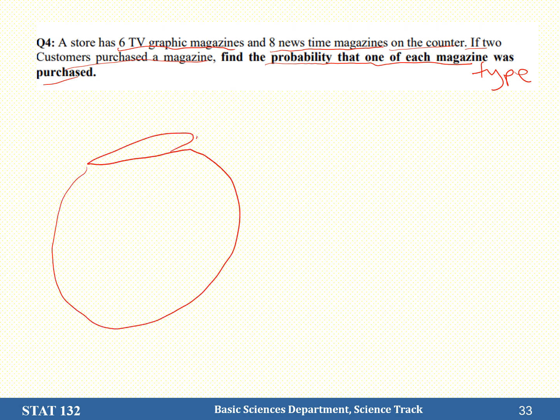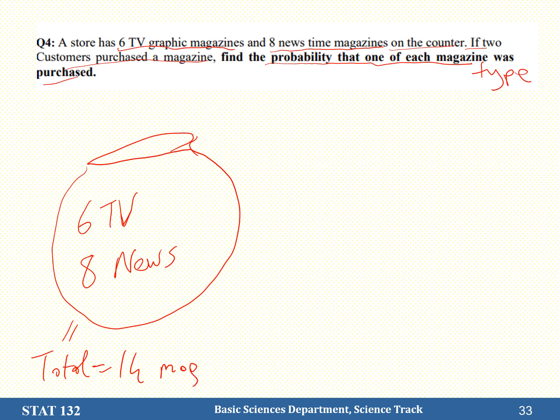Let's assume in a bag we have 6 TV magazines and 8 news. In total here, there are 14 magazines.